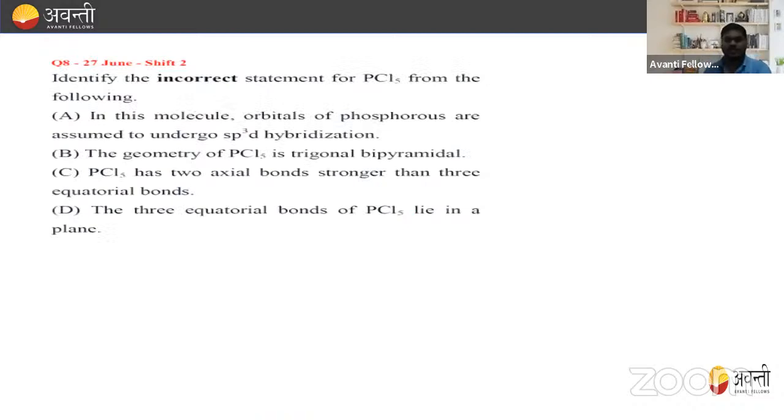Now, the next question is to identify the incorrect statement for PCl5. The first thing is, what is the structure of PCl5? Let me first draw the structure of PCl5.